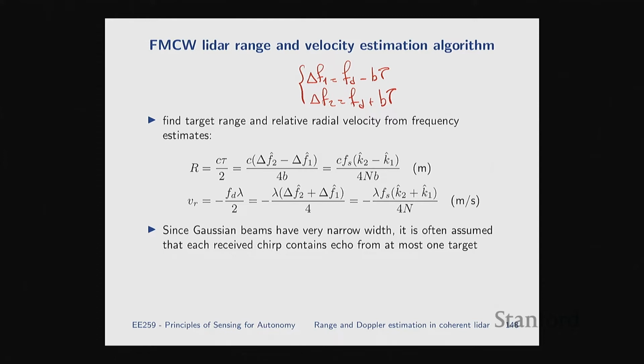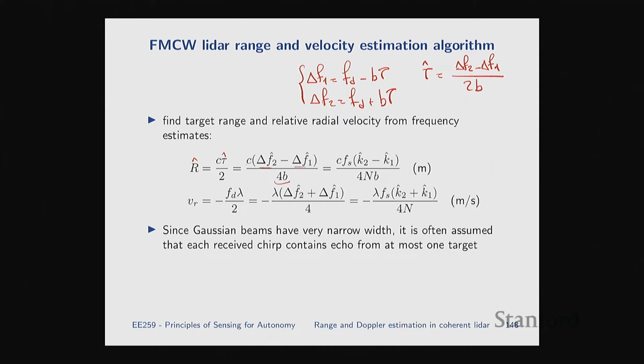So if you want to find tau, tau hat becomes equal to delta f2 minus delta f1 divided by 2b, right? And r, or r hat, is just c times tau hat over 2. So if we plug that in, it becomes c times delta f2 minus delta f1 divided by 4b.